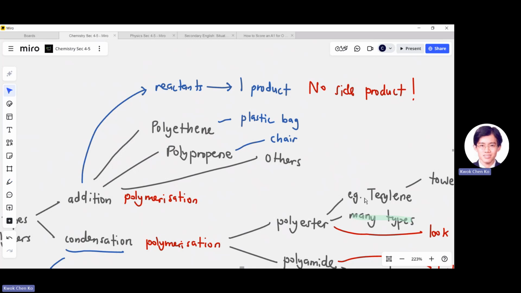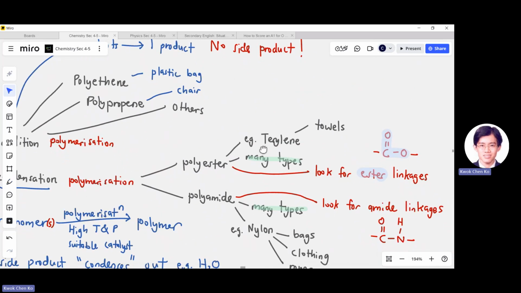But can you see a contrast between these two uses versus these two uses? Can you see something in general between condensation polymer versus addition polymer? I don't talk about structure. I'm talking about the uses.